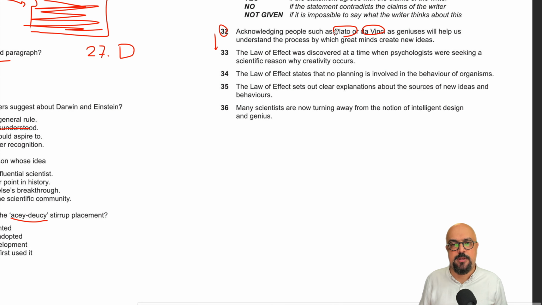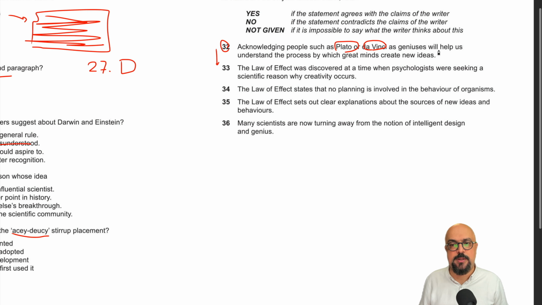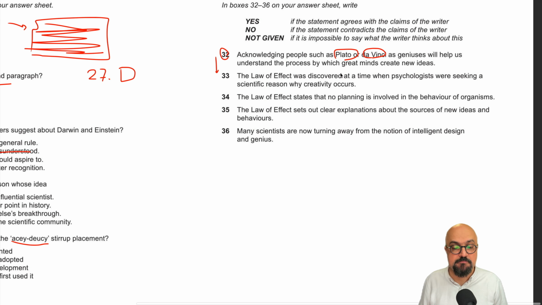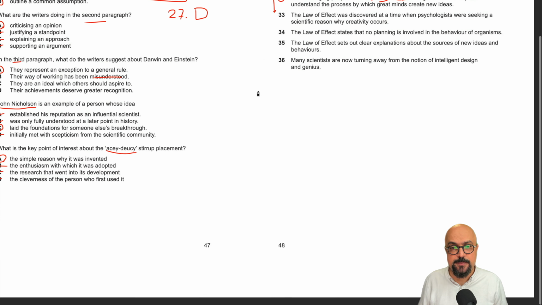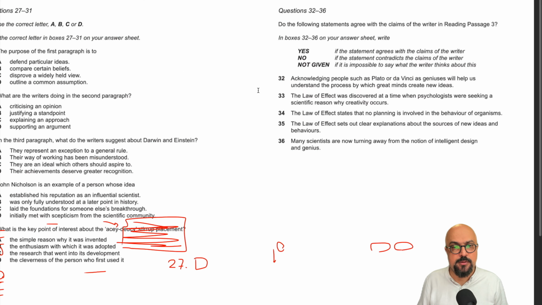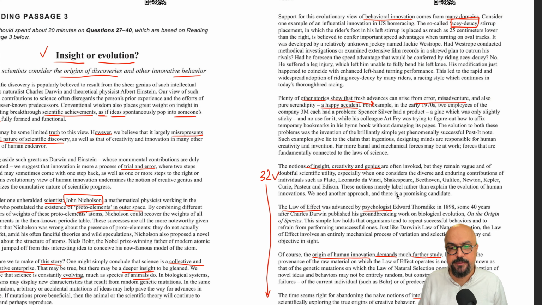Acknowledging people such as Plato and Da Vinci as geniuses will help us understand the process by which great minds create new ideas. And if we acknowledge them, do you think it will help us? Let's see. Where was that? Okay.